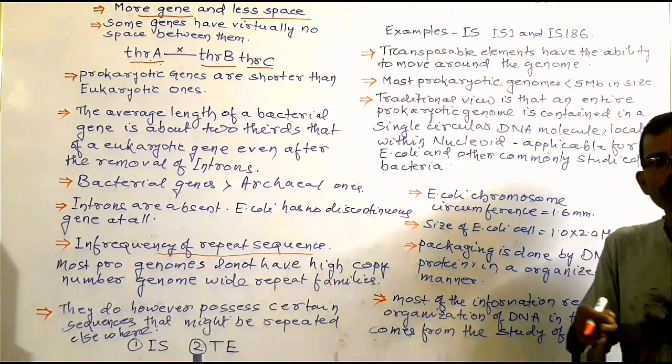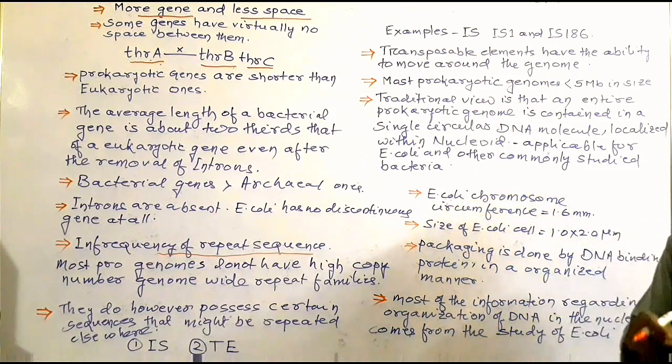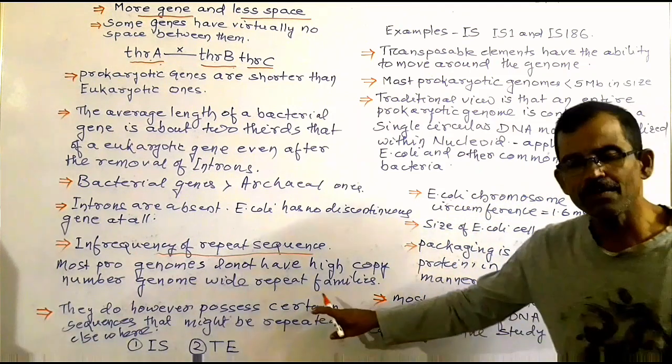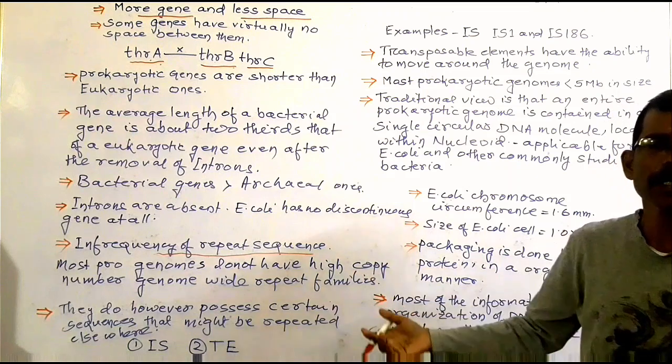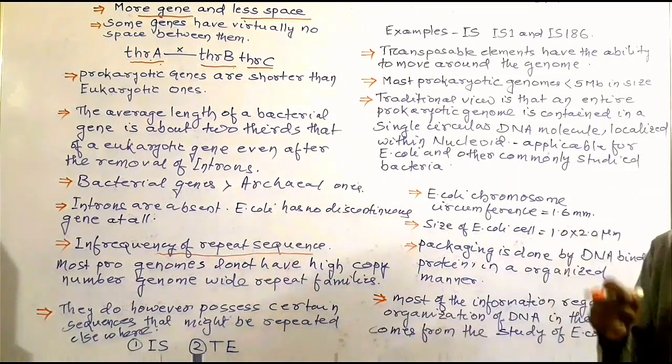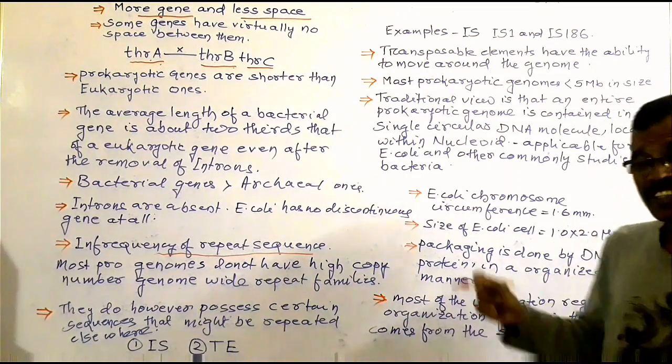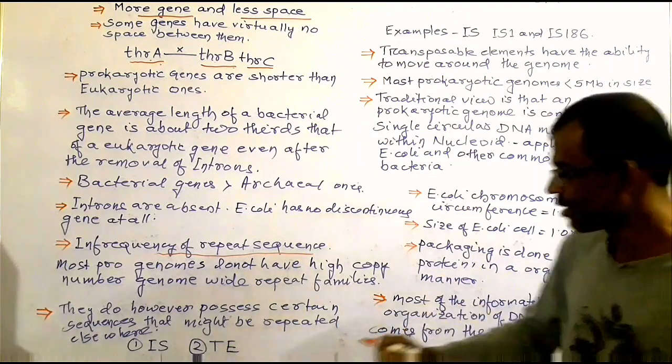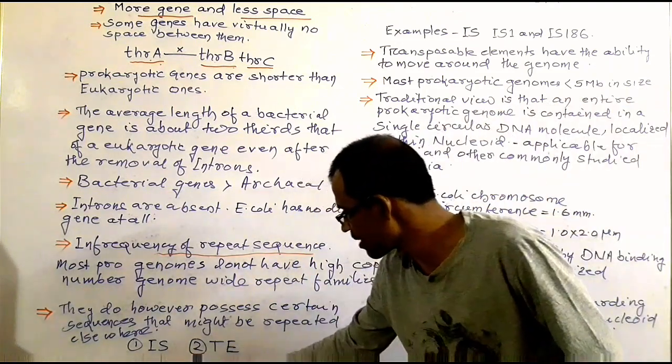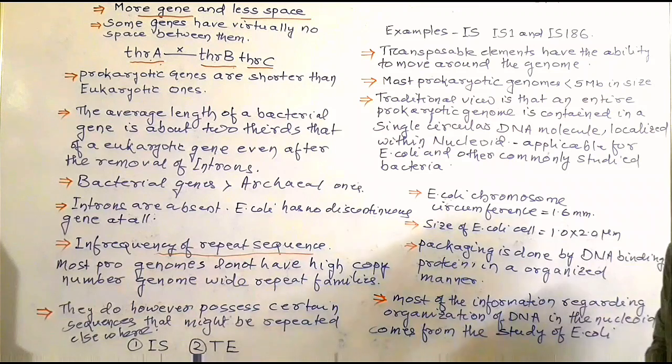But the prokaryotic genomes contain certain sequences that might be repeated elsewhere. Examples of these are insertion sequences and transposable elements.